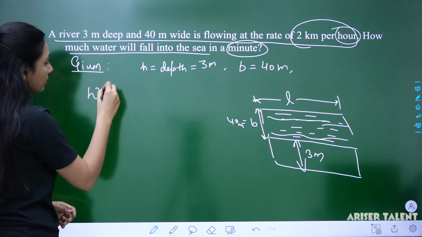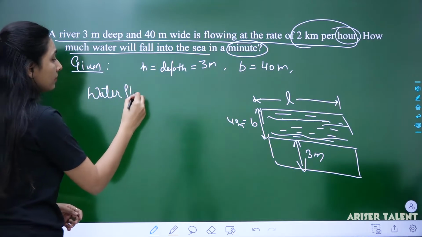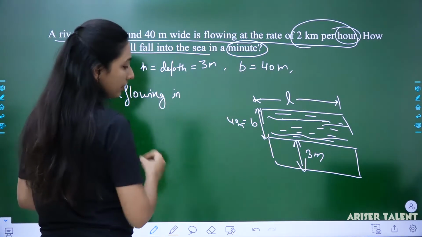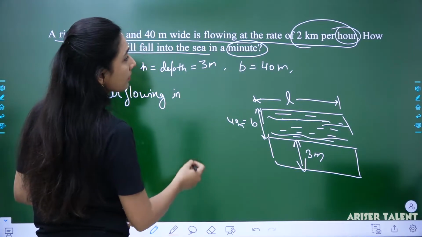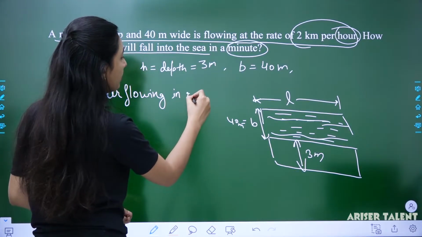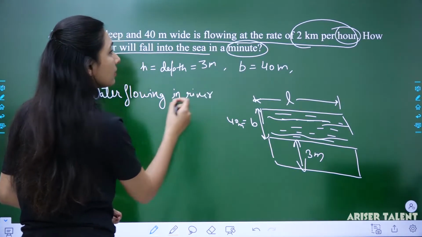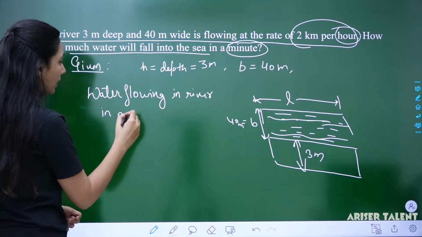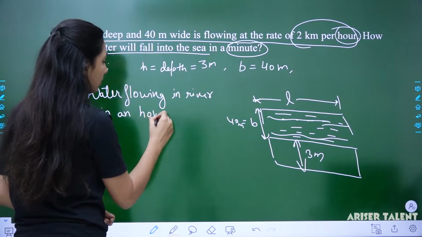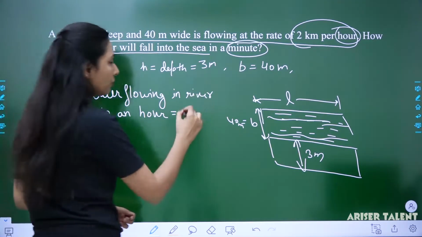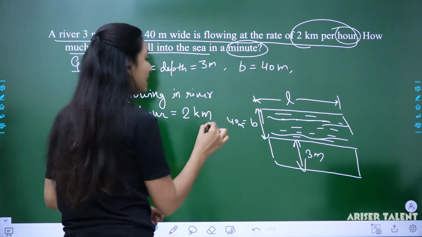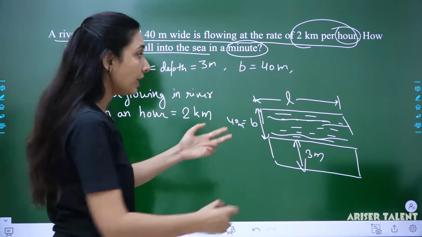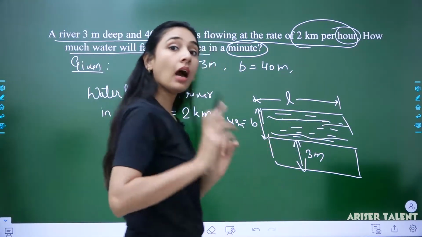Okay, so water flowing in the river in an hour is equal to what? It is given 2 kilometers. So basically it's the length it's covering in an hour. So that will be the length of it in an hour.